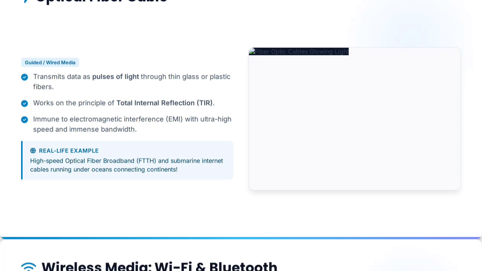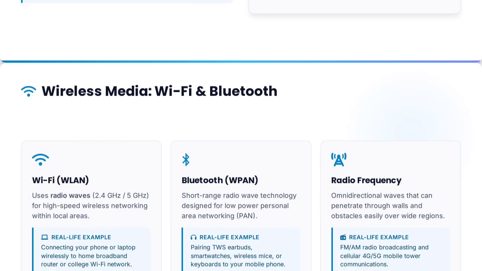Again, wireless media: Wi-Fi and Bluetooth. First, Wi-Fi. Wi-Fi uses high frequency radio waves to connect devices wirelessly within a local area network, LAN.